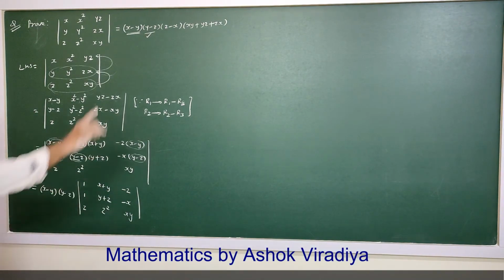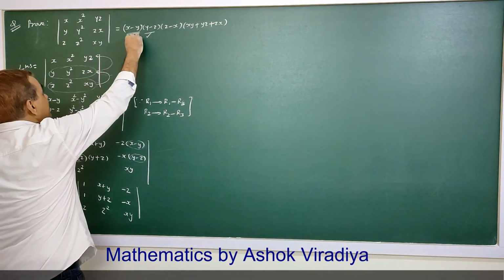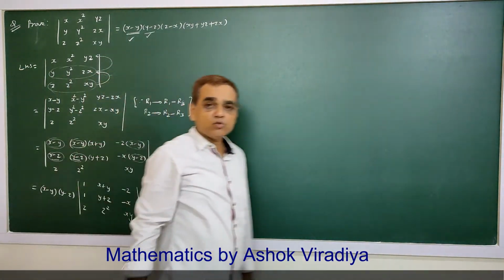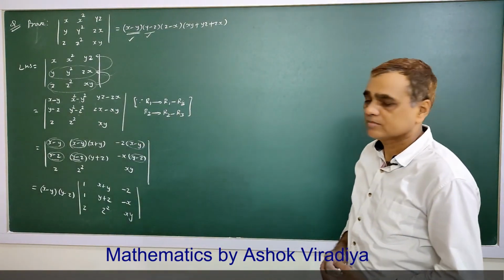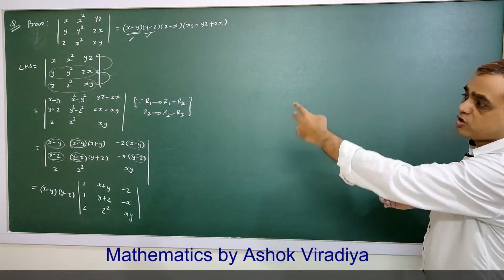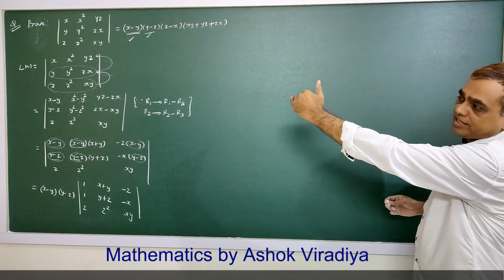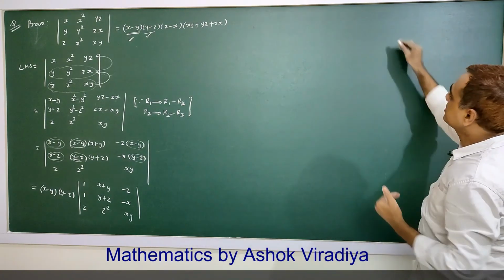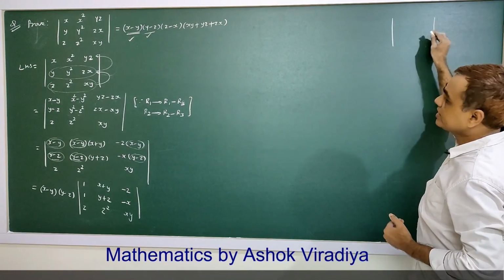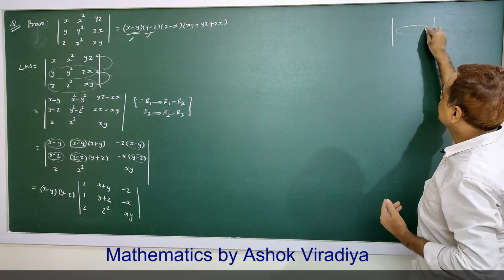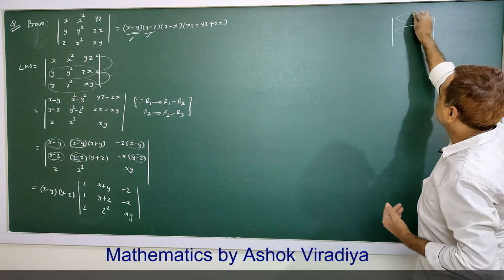So say out of these three factors, first two factors are produced by choosing this starting. Here instead of subtracting second in first, third in second, we could also start by this way, that subtract second in third, first in second.